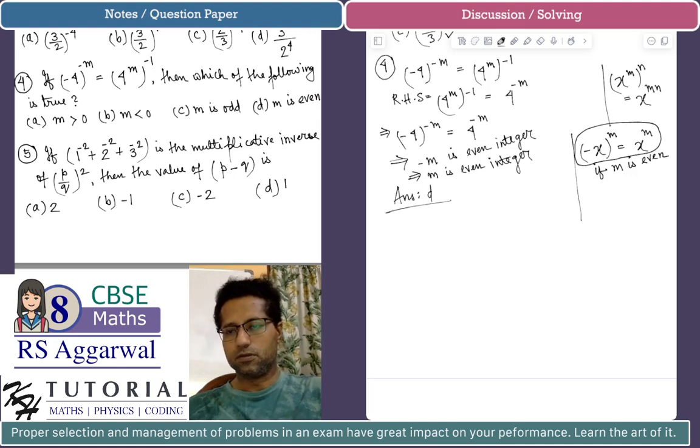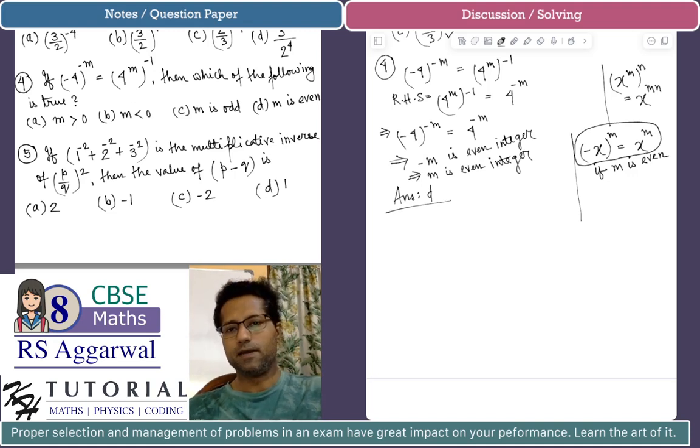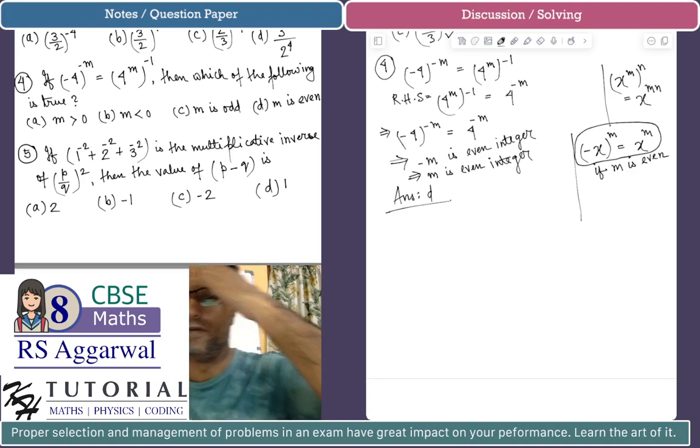We know this result: minus x raised to the power m will be equal to x to the power m if the power m is an even integer. But when it says that m is an even integer, it could be a positive even integer, a negative even integer, or even 0. So if we have something like minus 4 raised to the power minus m is equal to 4 raised to the power minus m, we can clearly say that minus m has to be an even integer.